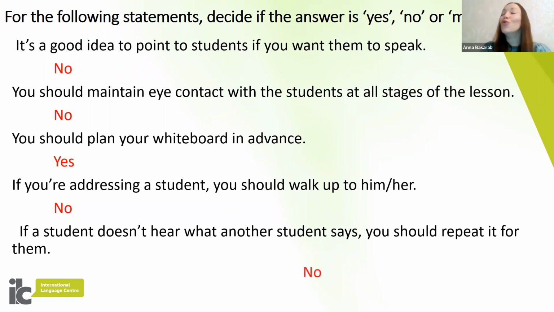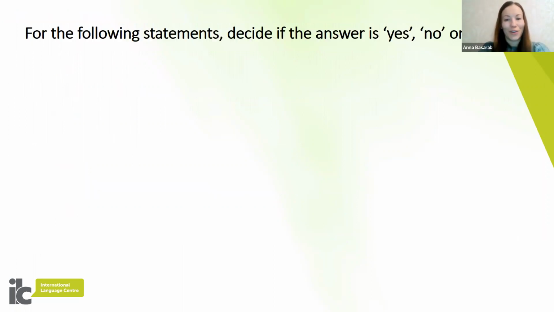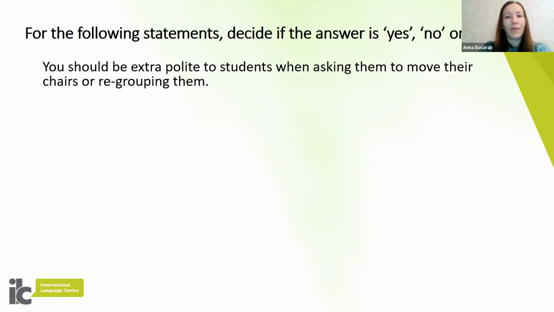Actually, you do not need to repeat yourself. You can ask that person to say that again. So it's not you who repeats, it's the person who was saying it who needs to repeat that. A little point to remember, we'll talk about it a bit later. Okay, this one.